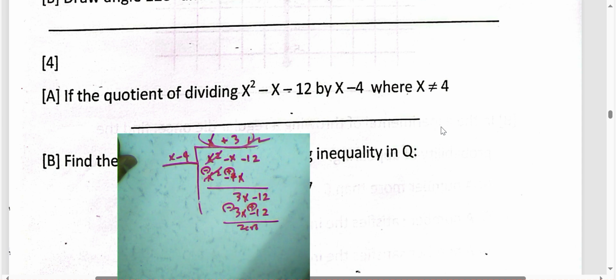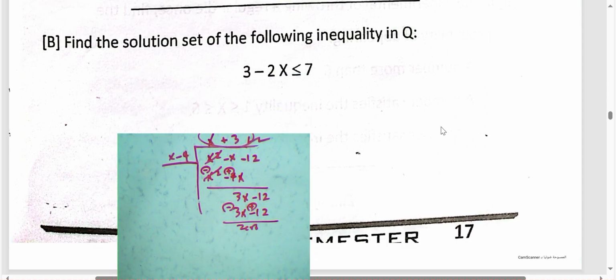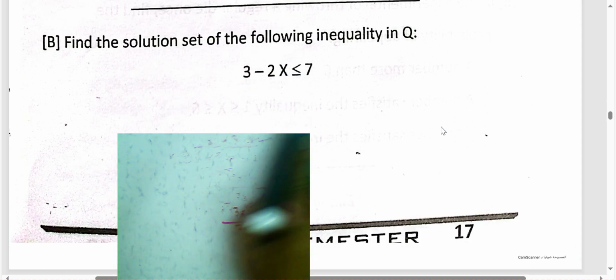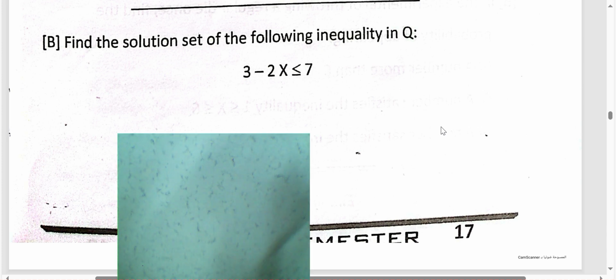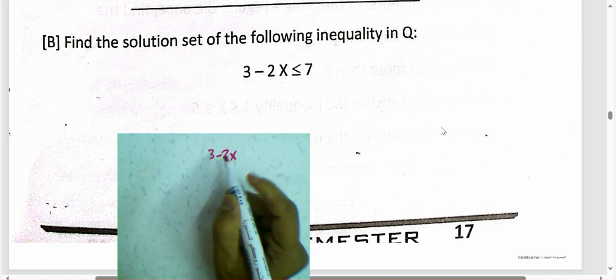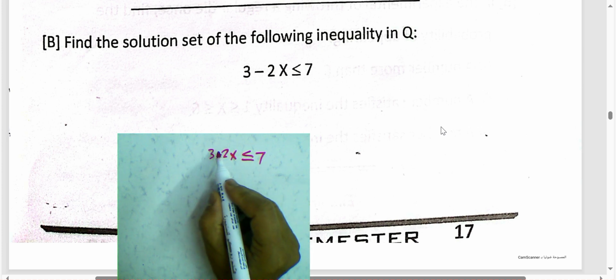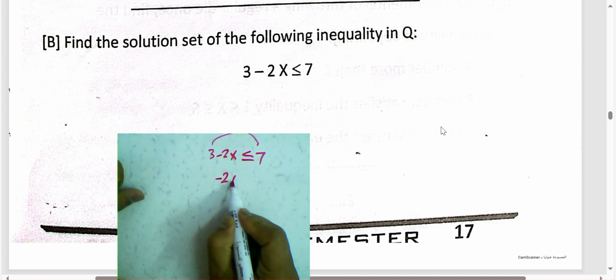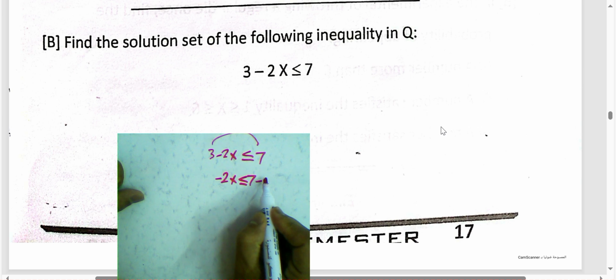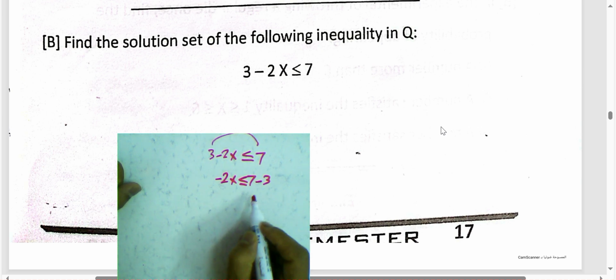Next question. Find the solution set of the inequality in Q. We have the inequality 3 minus 2x less than or equal to 7. We must move 3, so negative 2x is less than or equal to 7 minus 3, which is 4.